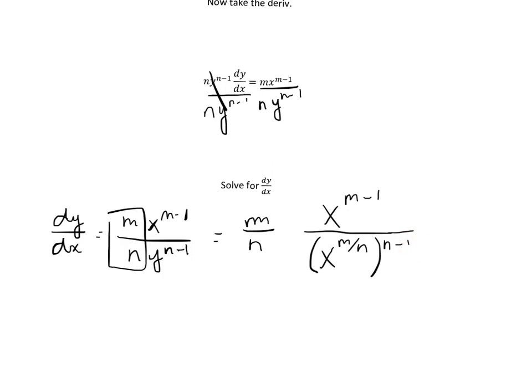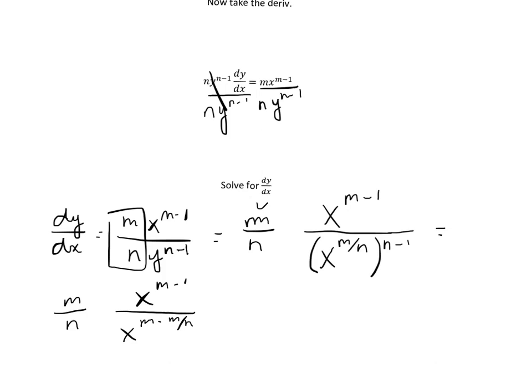So this all ends up being that m over n fraction still remains the same, and the numerator remains the same as it was over there. And the denominator is going to be x to the m minus m over n power.